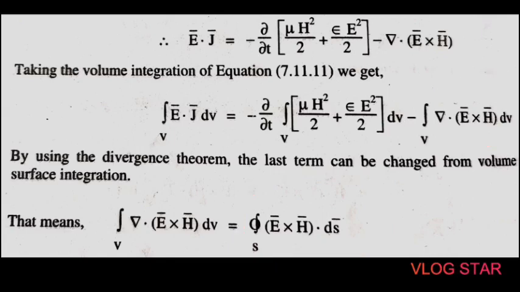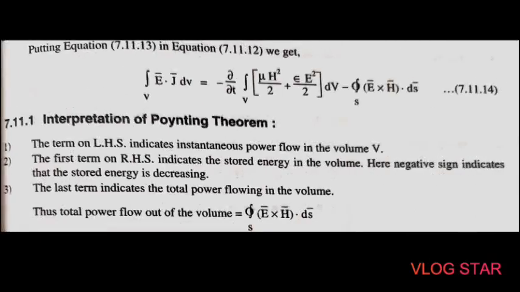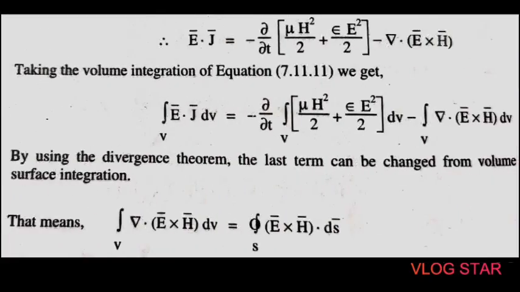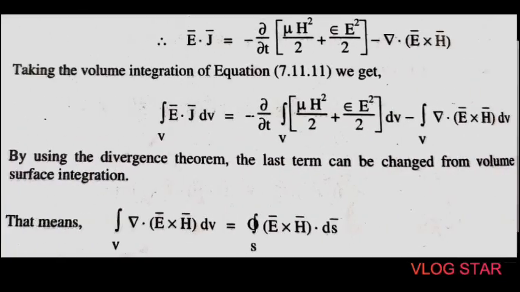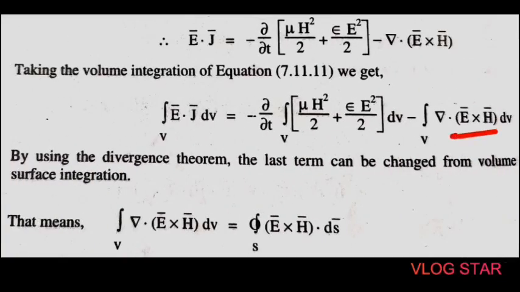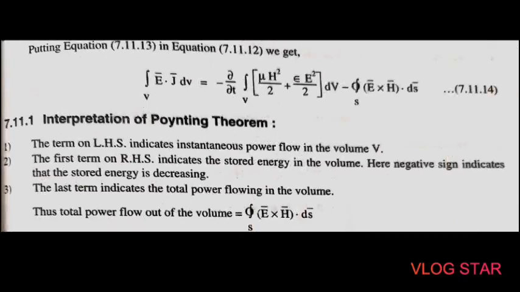So putting the value of this into the previous equation, we get integration of E bar dot J bar dV, the left hand side term as it is, equal to minus dou by dou t integration of mu H square by 2 plus epsilon E square by 2 dV, minus the surface integration of E bar cross H bar into dS bar.